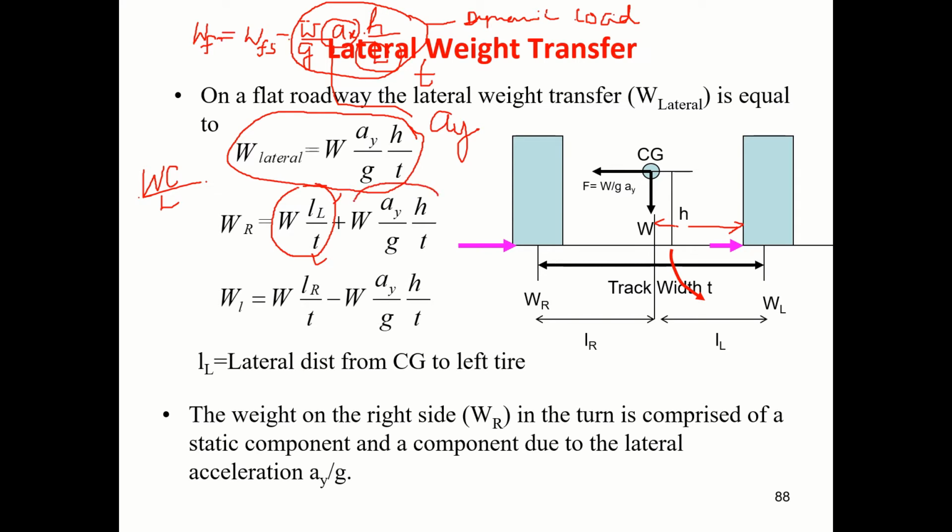Whenever it's taking a turn, this is the dynamic load that gets added to the outer wheel. This is the static load on the left wheel, and this is the dynamic load that gets subtracted from the left wheel. So what is L R? L L, you can note down from here, is the track. Now we know what is the lateral load transfer.